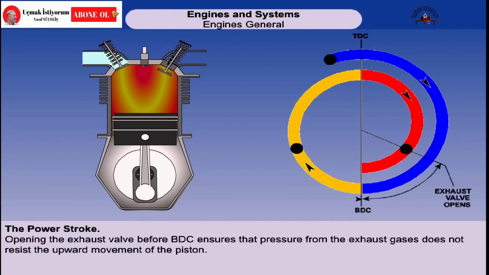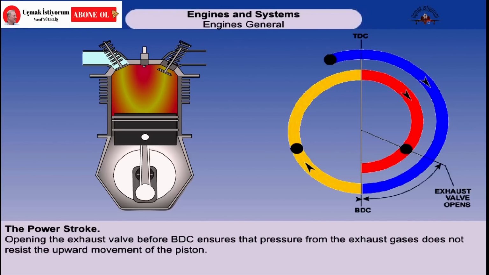Most of the energy in the gases has been converted into mechanical energy by the time the piston has moved halfway down the cylinder. If the exhaust valve is opened around this point, any residual gas pressure will start the first phase of exhaust scavenging.